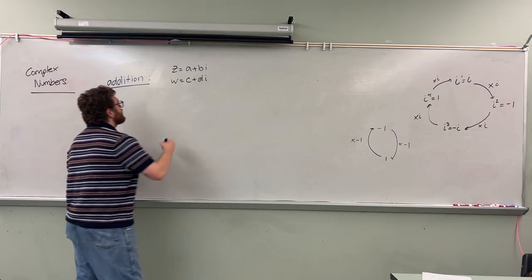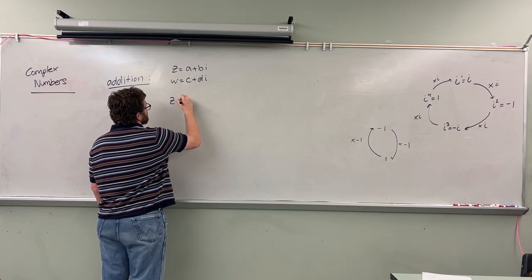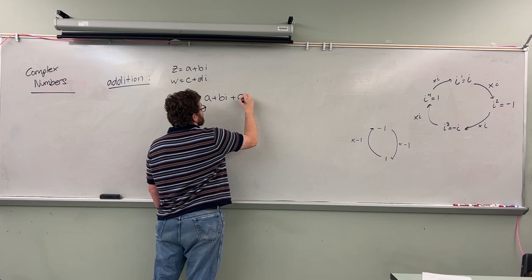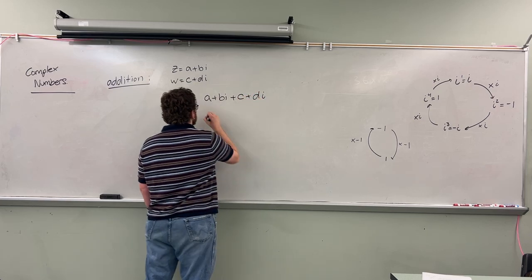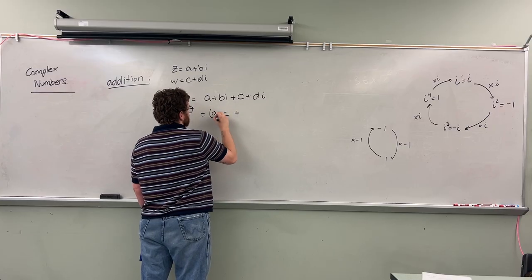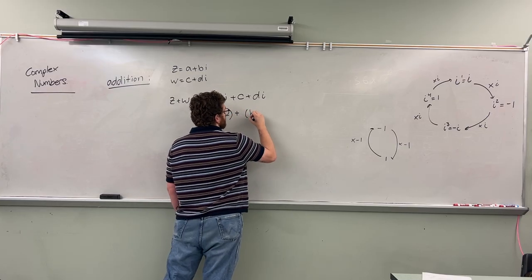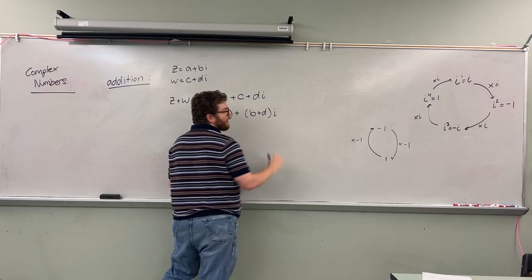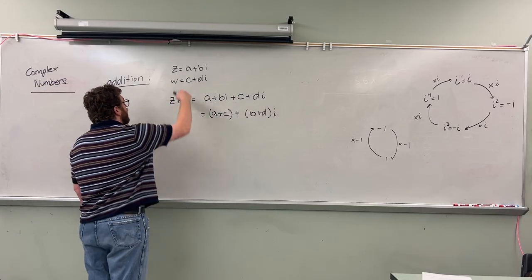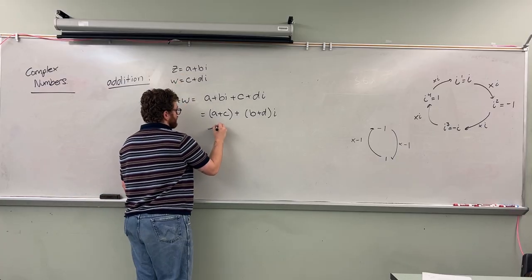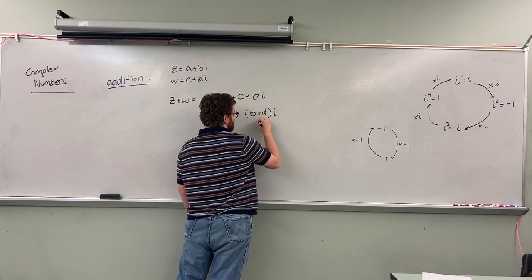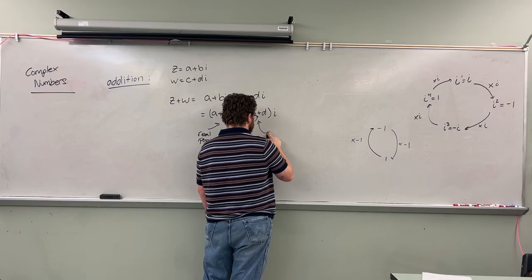If I want to add them, z plus w, that's a plus bi plus c plus di, which is a plus c plus, I can put that together, (b plus d) times i. So when I add complex numbers, I add the real part, and I add the imaginary part.